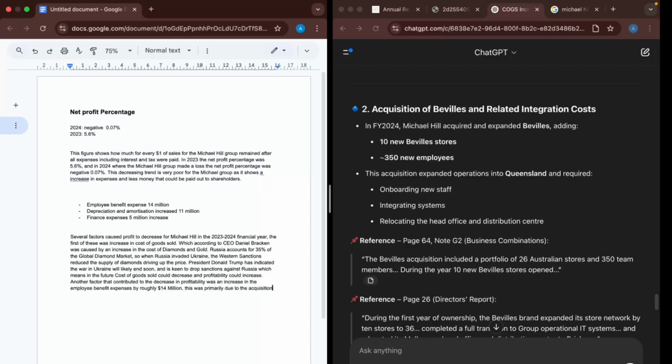Spell that correctly. Acquisition of, I think it's Bevel, is how you spell Bevel, which had roughly 350 new employees. It can be expected that these costs will remain this high unless there is.